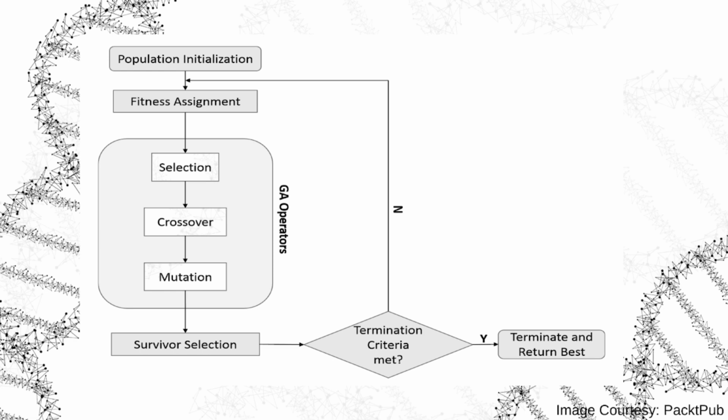The new generation replaces the old generation and the process repeats until a stopping criterion is met, such as a maximum number of generations or a satisfactory fitness level. The best individual in the final generation is then selected as the solution to the problem. Following this flowchart, genetic algorithms are able to converge towards near optimal solutions to complex problems.